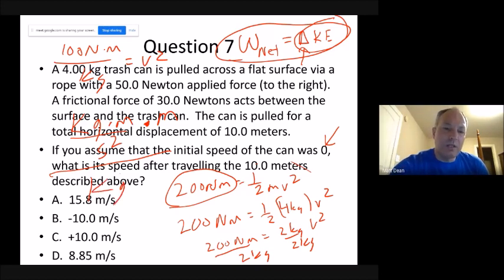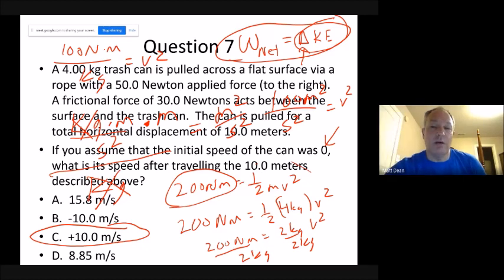So you should see that the kilograms cancel out, and the unit we're left with is meters squared over seconds squared. So right now we have 100 meters squared over seconds squared equal to V squared. So let's take the square root of both sides of that, and we end up with a positive 10 meters per second.